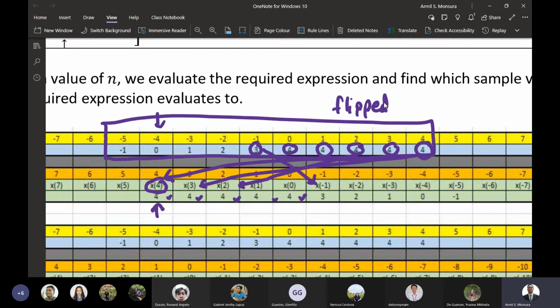So, instead of having your signal at x of 4, yung x of 4 mapupunta sa x of negative 4 sa processed signal. Okay? So itong x of negative 5 niyo originally, magiging x of positive 5 siya dun sa manipulated signal niyo. Okay? So that's signal flipping or signal folding. Naintindihan po?